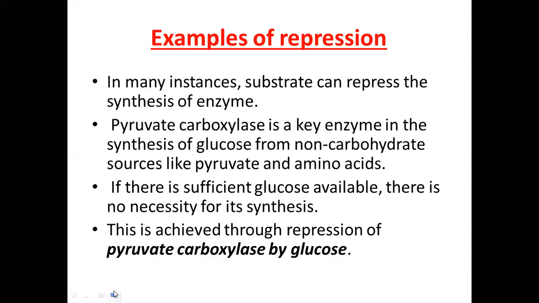And therefore, if there is sufficient glucose available already in a tissue, in a cell, then there is no necessity for the synthesis of glucose, and therefore the glucose synthesis will be stopped, will be repressed, will be suppressed, and it will be achieved through the repression of the enzyme, which is pyruvate carboxylase.